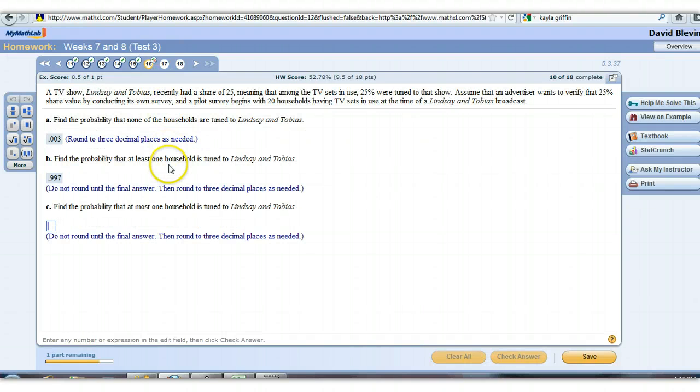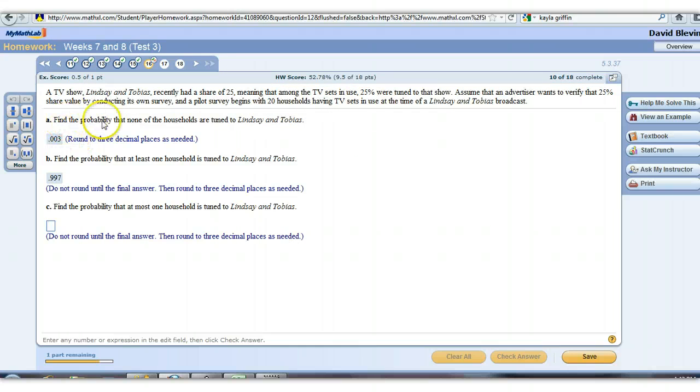Alright, and then 16, I've started 16, I didn't finish it. This TV show recently had a 25 share, meaning that among the TV sets in use, 25% were tuned into that show. Usually it's very rare, like American Idol, or type the only shows that have numbers this good. But anyway, an advertiser wants to verify that share, so they've randomly selected 20 households with a TV set.